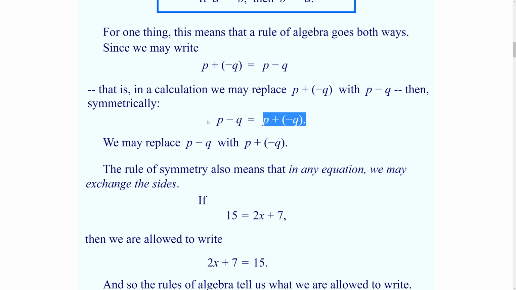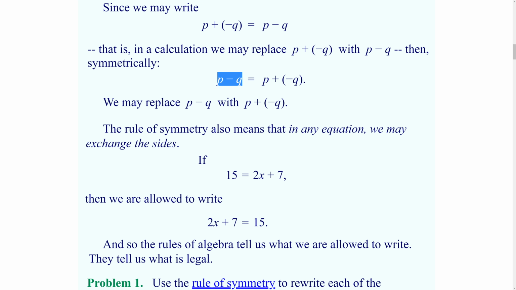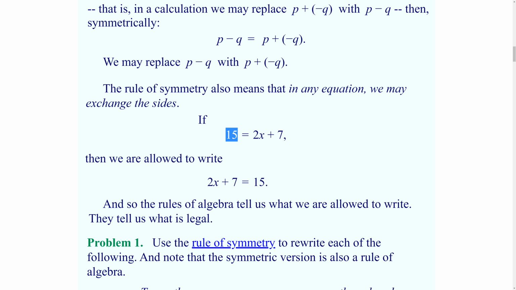So this equals this. The rule of symmetry also means that in any equation, we may change the sides. If, for example, 15 equals 2x plus 7, then we are allowed to write 2x plus 7 equals 15. So we've moved this across here and we've moved this across here. And so the rules of algebra tell us what we are allowed to write.